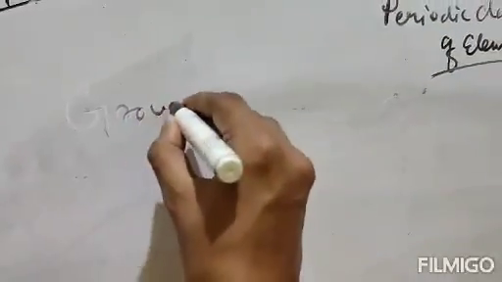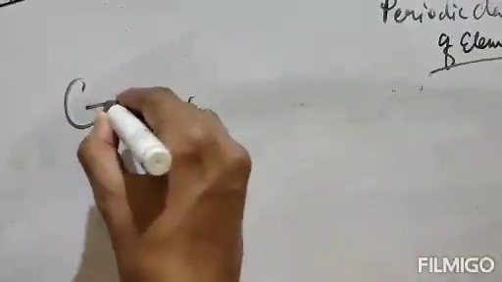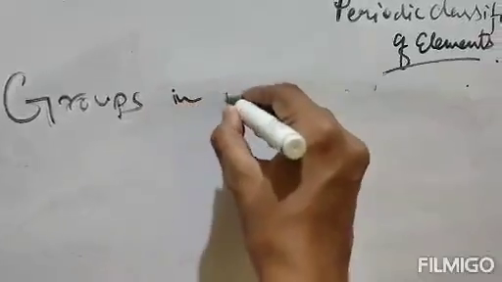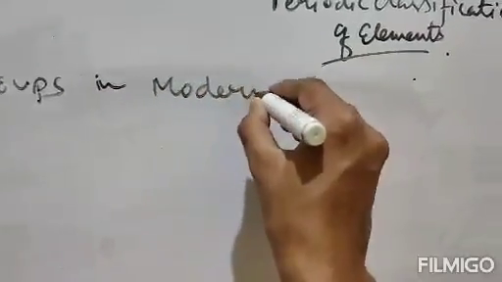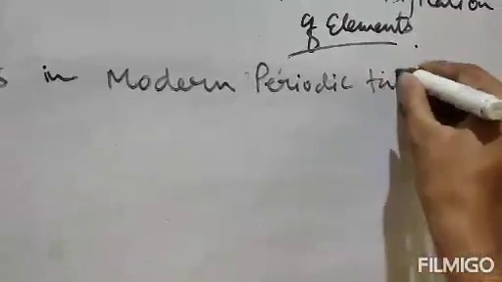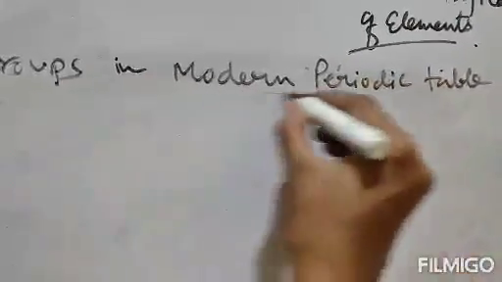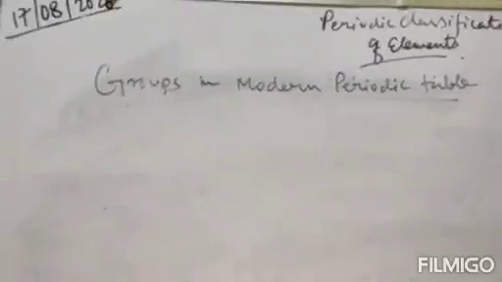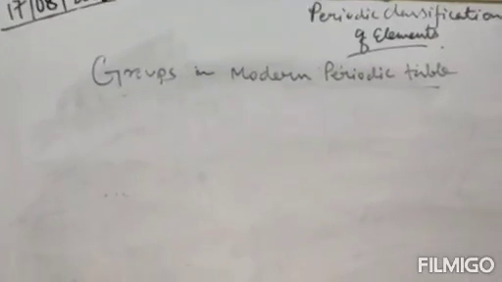Groups in the modern periodic table. Now talking about groups, there are all total 18 vertical columns in the modern periodic table, which are termed as groups.